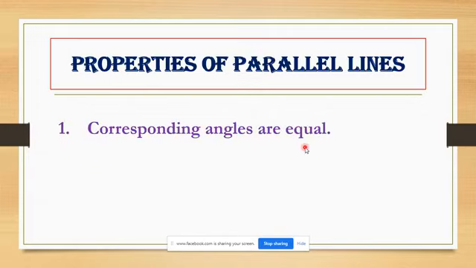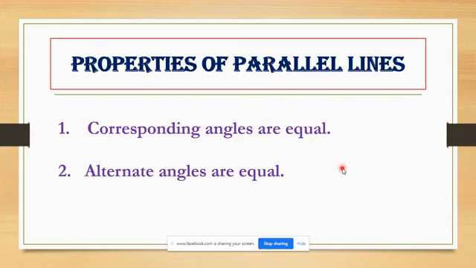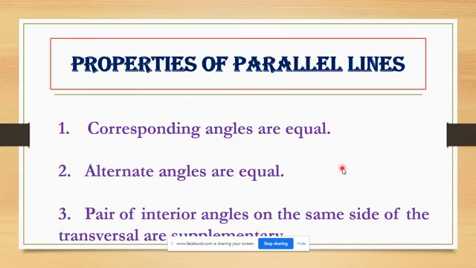Corresponding angles are always equal. Alternate angles are also equal, and a pair of interior angles on the same side of the transversal are supplementary. Okay, they are supplementary. So, always remember corresponding angles.